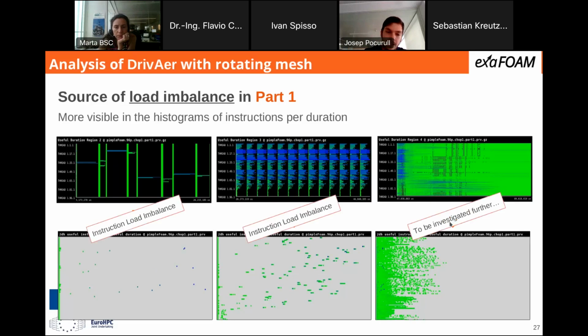So, in summary, the load imbalance of these two regions is caused by instruction imbalance, and this other region we still have to investigate.